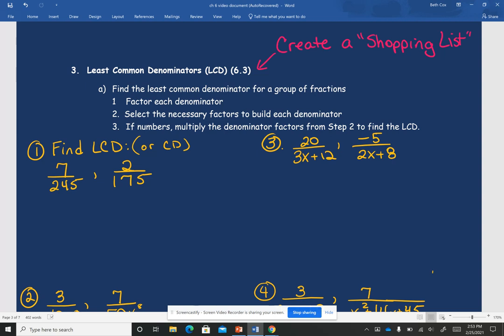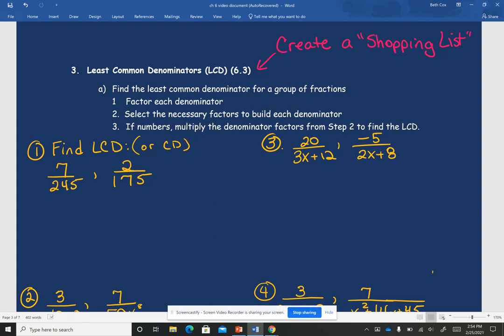If you're buying ingredients and you have different things that you're going to make, you're going to make sure you have enough of everything that you need to make your recipes. So you have one recipe that may call for 1 stick of butter, but you have another recipe that calls for 2 sticks of butter.